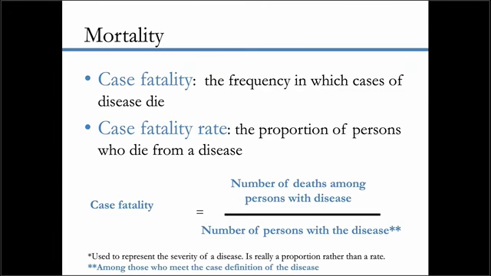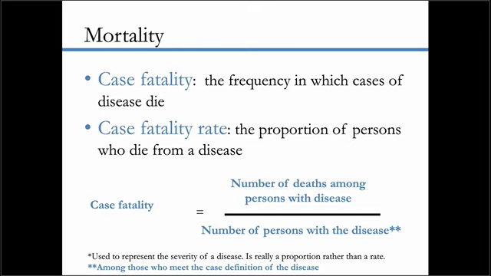So now let's move on. Another mortality measure that we use in epidemiology and in public health is case fatality, which is the frequency in which cases die of a particular disease. So we can calculate the case fatality rate, which is the proportion of persons who die from a disease. While it's called a case fatality rate, it's really a proportion and not a rate, because we're just dividing those who die from a disease over the number of people who have that particular disease.